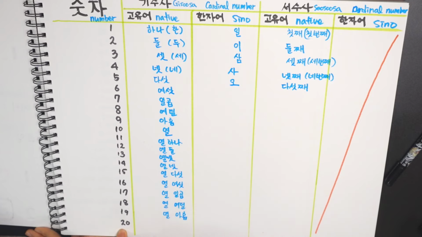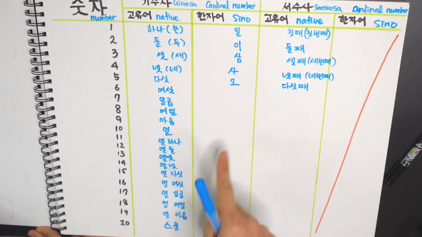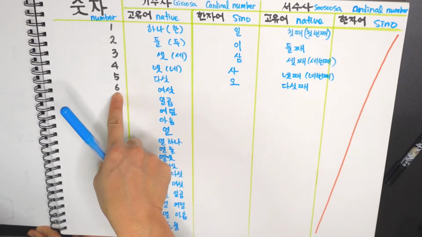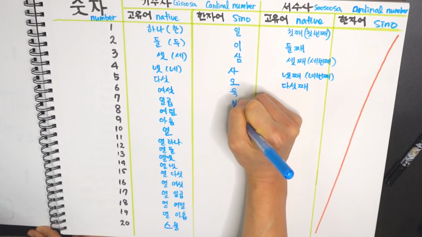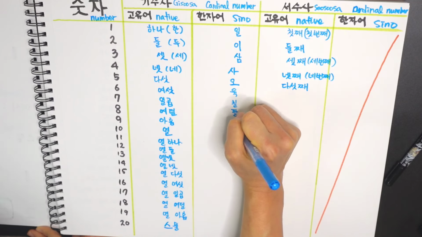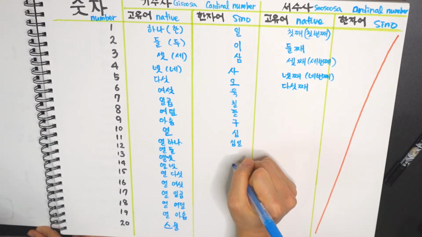And 20 is 스물. And then 21 is 스물 하나, 스물 둘, 스물 셋, and so on and so forth. And for Sino, number 6 would be 6, 7, 8, 9, 10, 11. And then you're repeating 11, 12, 13.